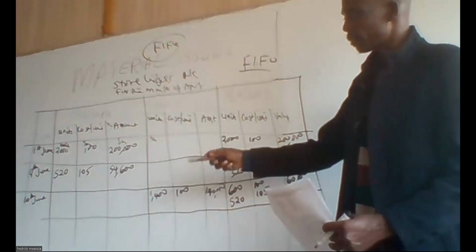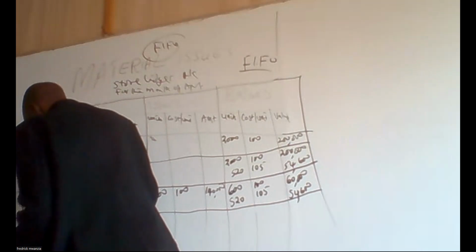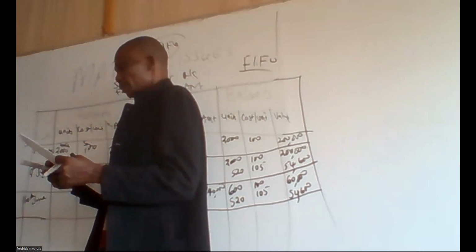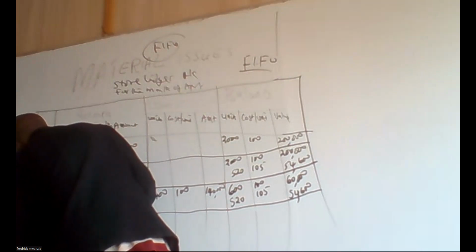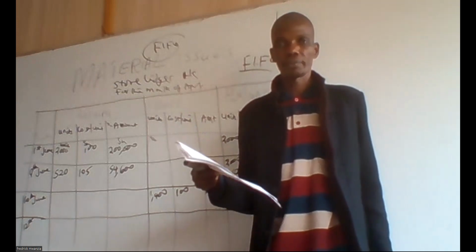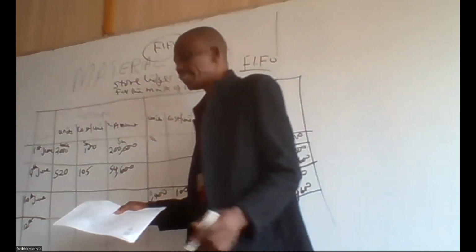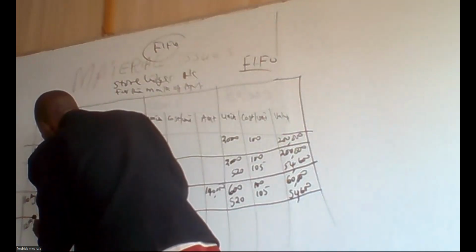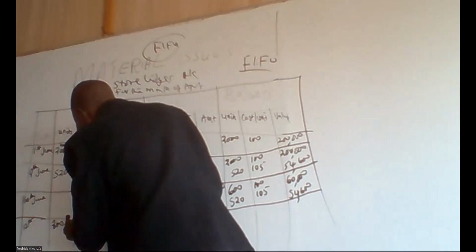Now we have done the second step. We are proceeding to the next step. Let's look at what's happening. On this date, we are receiving 800 units. The value is 115.